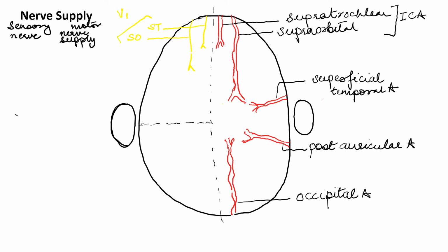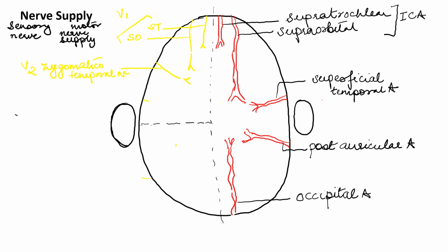Innervating the side of the scalp, which is above the temple, are two nerves. One is the zygomatic-temporal nerve, which is a branch of the second division of the trigeminal nerve, which is the maxillary nerve.